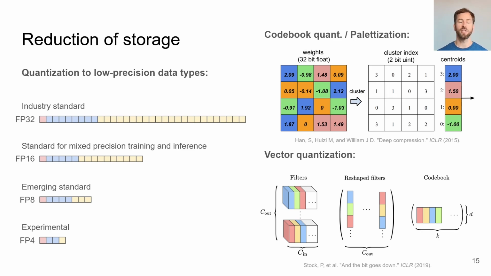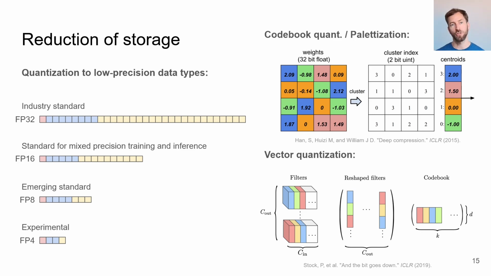But for intermediate results like partial sums in matrix multiplication or normalization layers, usually higher precision is required. Then there's a new emerging standard in terms of data types, which is FP8. So more and more models are deployed in FP8, like for example the DeepSeek model. And then there are experimental data types like FP4.